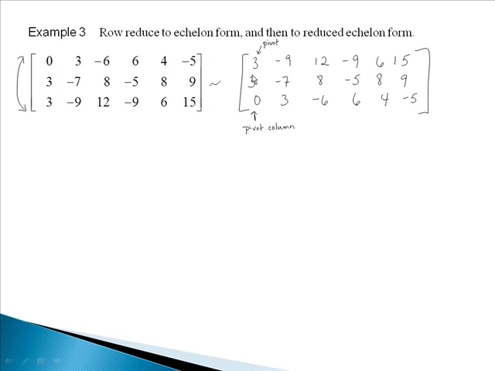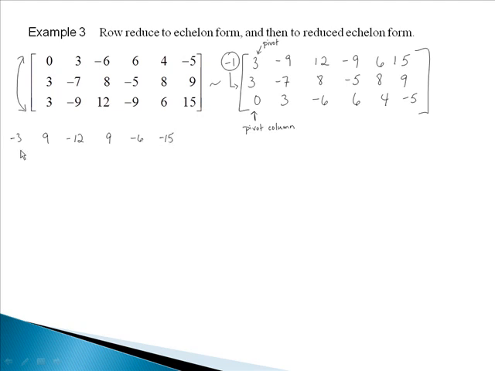And so what I want to do is turn the 3 into a 0 so that I have zeros beneath it. So I'm going to multiply here by a negative 1 and add that to the row beneath it. I'll do that work off to the side. When I multiply by a negative 1, I'll have negative 3, positive 9, negative 12, positive 9, negative 6, and negative 15.